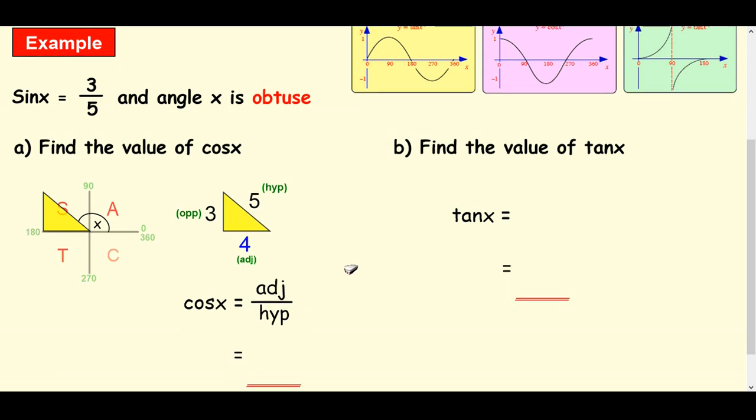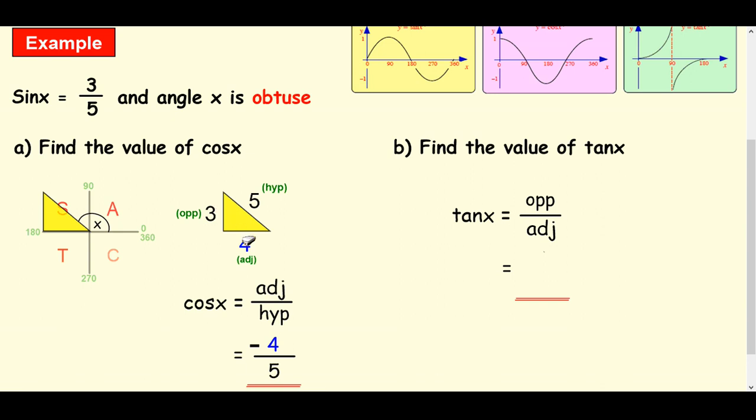So when you fill in your information for cos, you put adjacent over hypotenuse, which is 4 over 5. But it's negative 4 over 5 because you're in this part here, signified, similar to trig equation work, by the S, which means only sine is positive. Let's look at tan. So tan we know is opposite over adjacent.